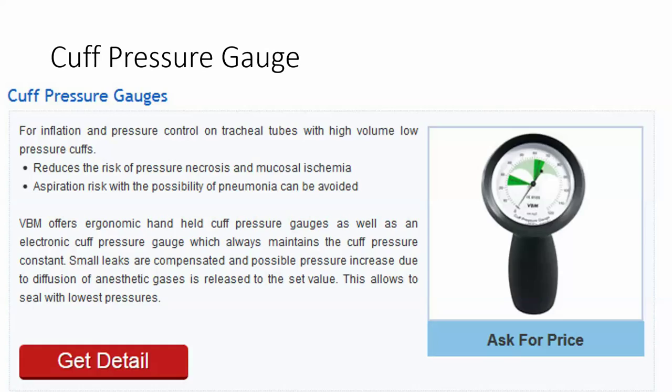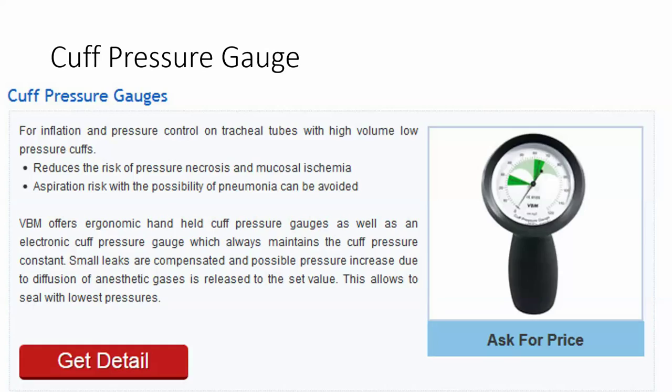And we do that by listening for a leak, but a more quantitative way of adjusting the pressure in cuffs of endotracheal tubes is to use a cuff pressure gauge. And this slide shows a picture of a cuff pressure gauge, which is usually found in the hands of respiratory technologists.